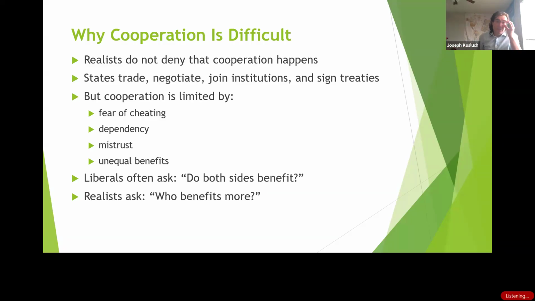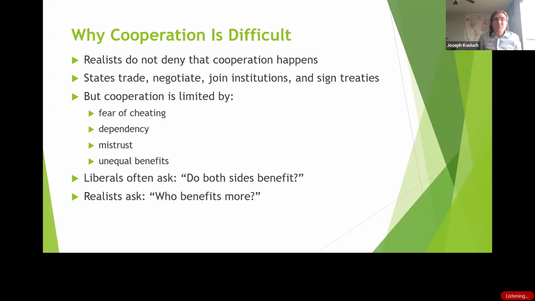So the textbook makes this point in its discussion of neorealism. Under anarchy, states worry not only about whether they gain, but about the asymmetric distribution of gains. Interdependence can create cooperation, but it can also create vulnerabilities.